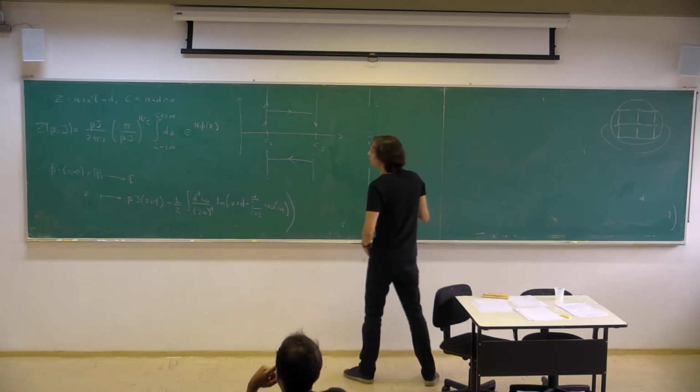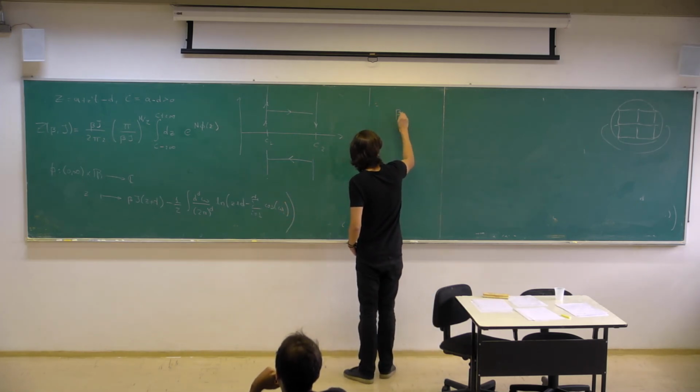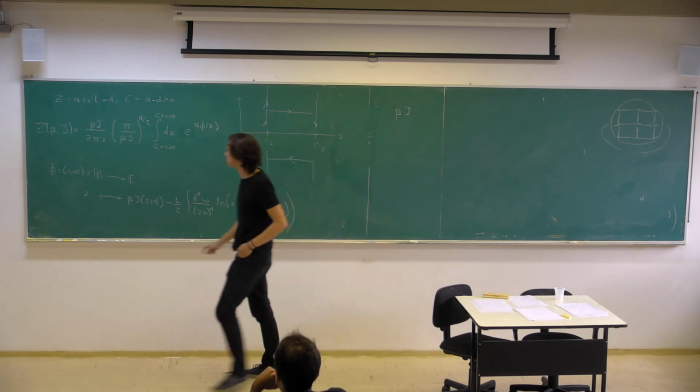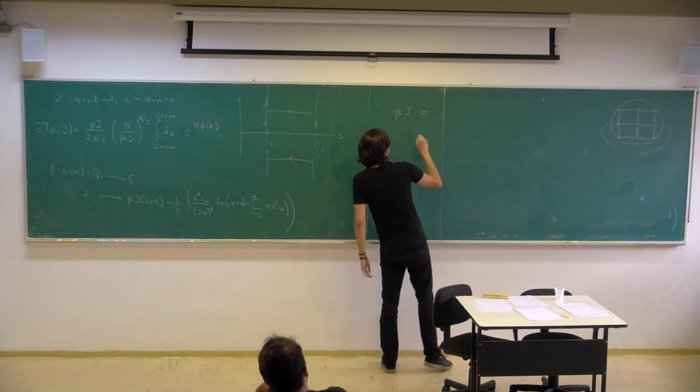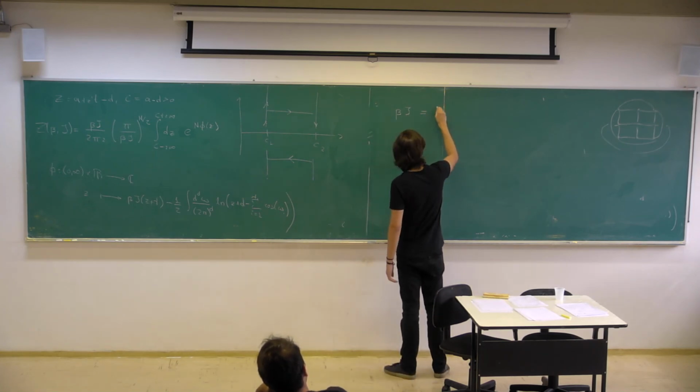So to conclude, there is a real solution to the critical value equation, which is the derivative of this equals 0. So there is a zeta c, which is real and positive, which satisfies this equation.